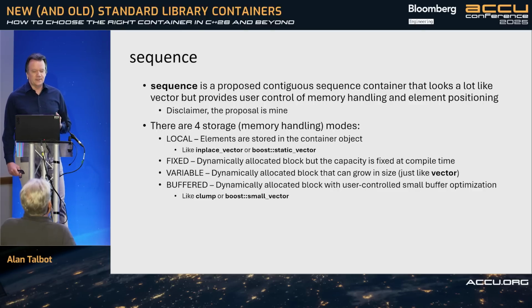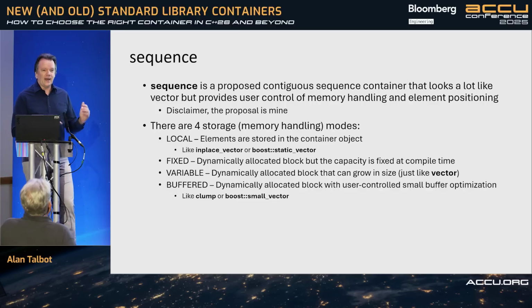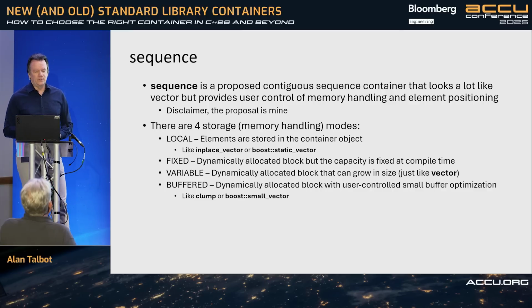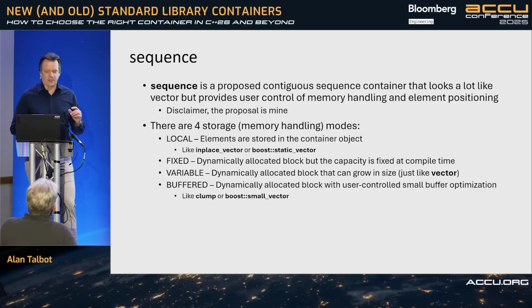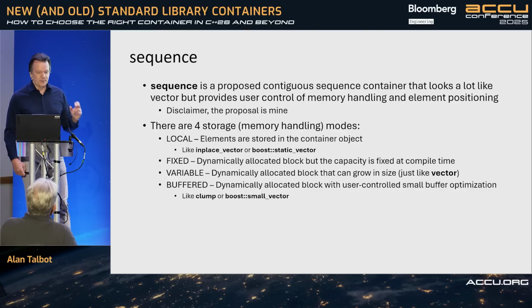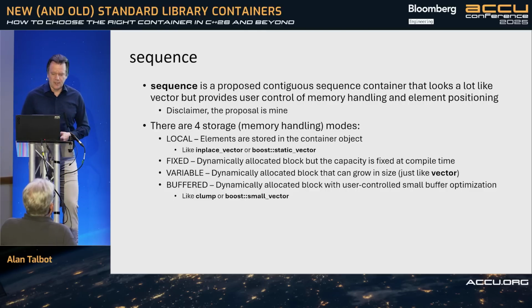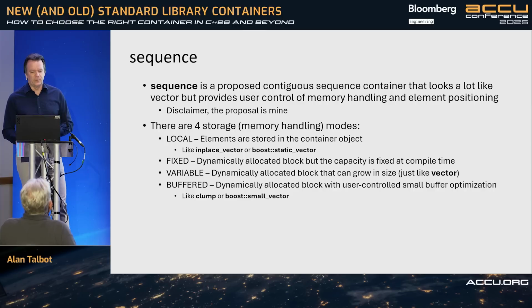Fixed is like local, only allocated on the heap. So fixed size, but allocated on the heap. I think there's a number of things that could be quite useful about that, especially since, as we'll see in a minute, it reduces the size of the object itself to 1 pointer. And buffered, which is small buffer optimization, just like clump or boost small vector.